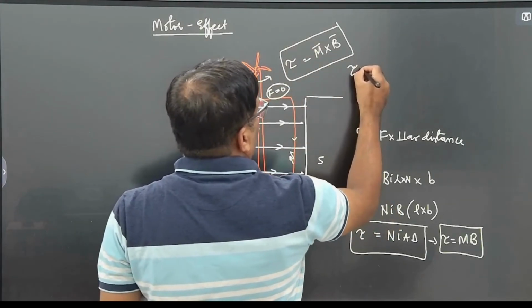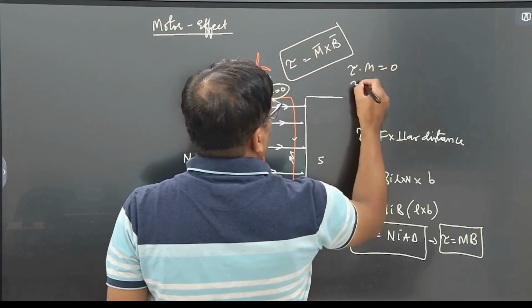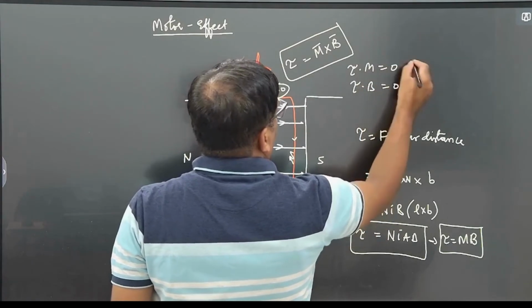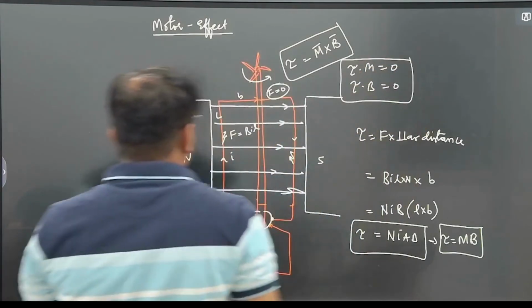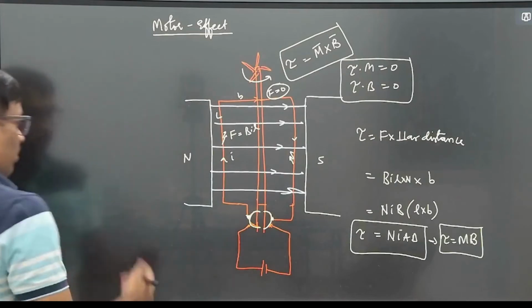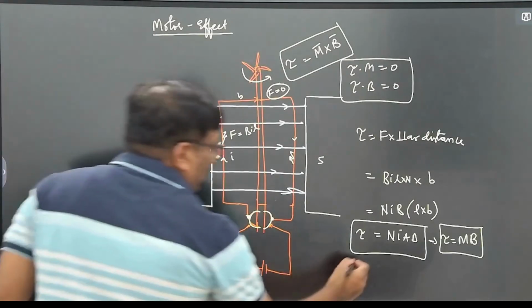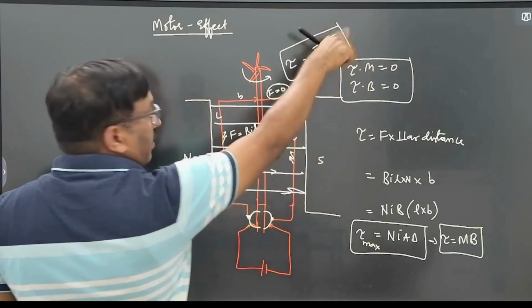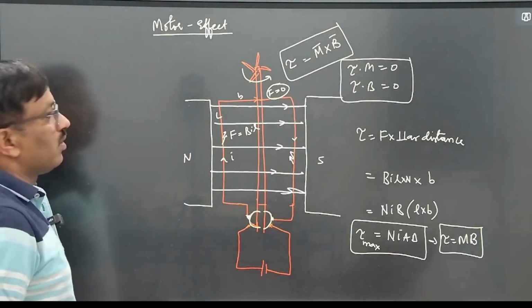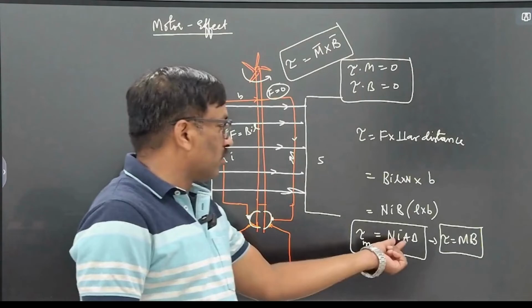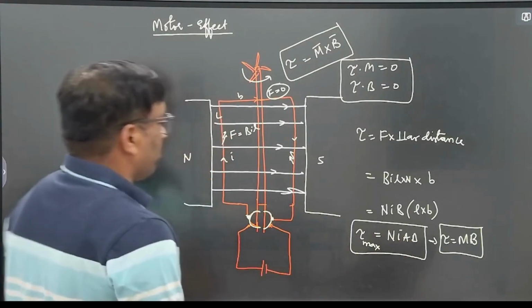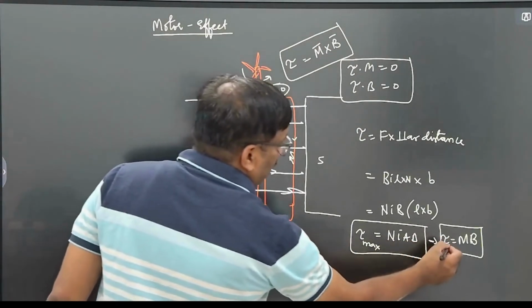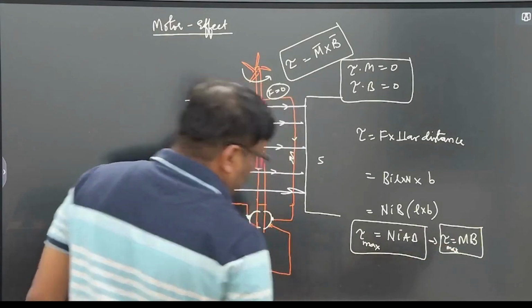Torque dot M will be equal to 0. Torque dot B will also be equal to 0. If you want maximum torque, this is your maximum torque, right? Why? Because it is M cross B into sin theta. Therefore the maximum will be equal to N into I into A into B. Clear?